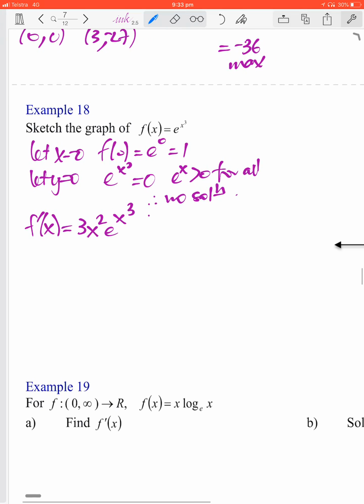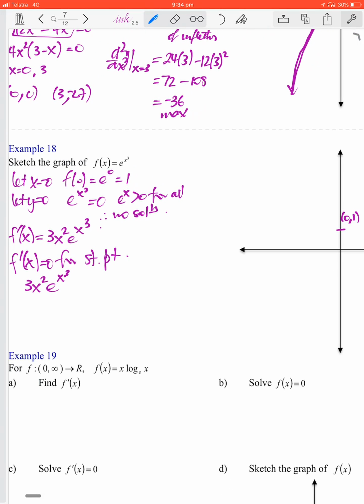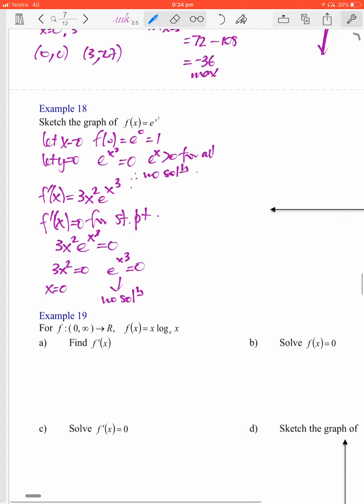If we say f dash of x equals 0 for stationary point, we either get 3x squared equals 0 or e to the x cubed equals 0. Now we know this has no solution because e to the x is greater than 0 for all x, whereas here x equals 0 is a stationary point.